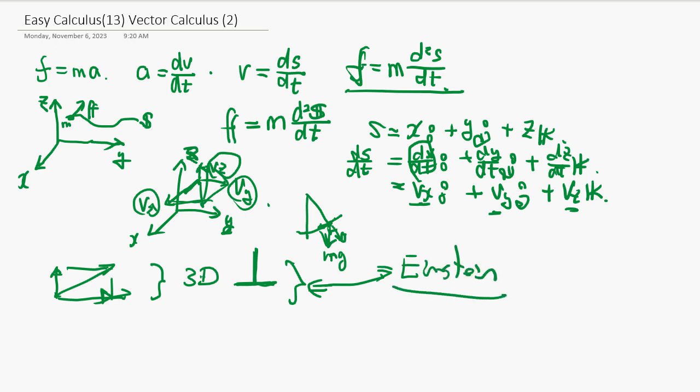Then the story changes. But in high school physics you are dealing with Newton, so the big assumption is that orthogonality has a meaning. Whatever is orthogonal goes independent. Okay? Because 3D is defined by this orthogonality.